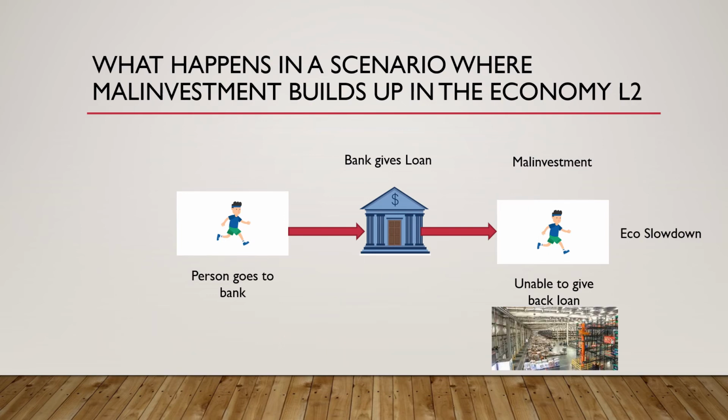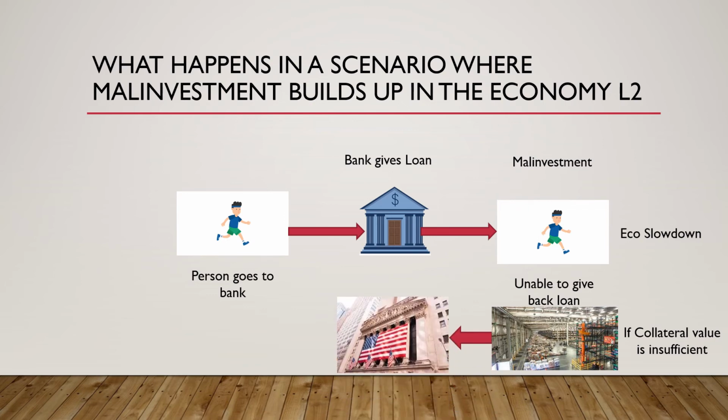Let's take the situation a step further, and let's say that the malinvestments in the economy are much deeper, in which case the value of the collateral is insufficient to meet the value the bank has lent to the person in the first place.